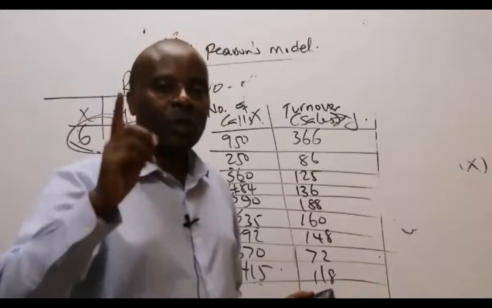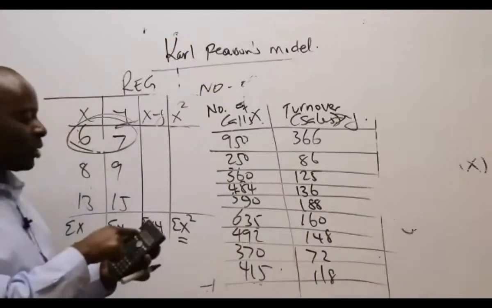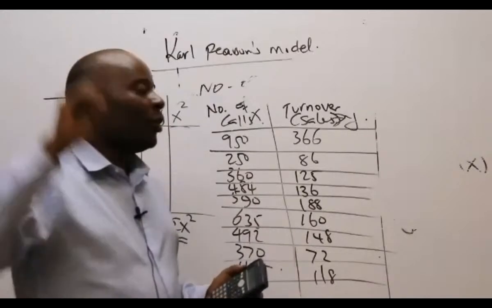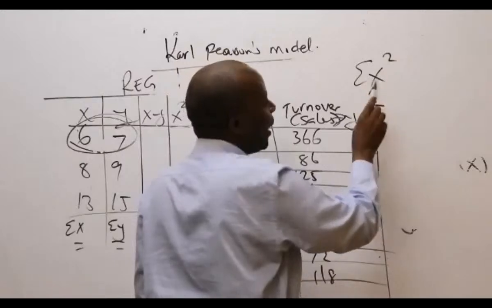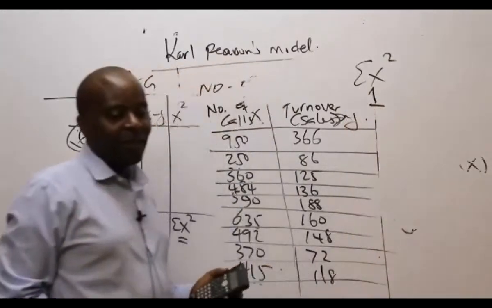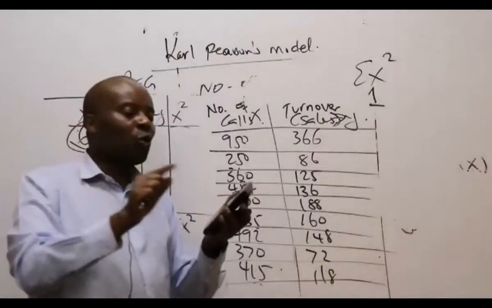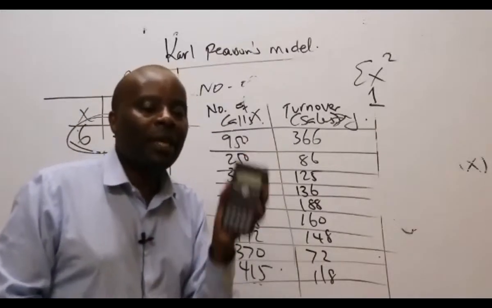So the very first one that I want in this unknown matrix is a summation of x squared. If you're a good student, below sum of x squared, I can see a 1. So what I'm supposed to do is to write 1 there. And once I write 1 there, you must be careful.